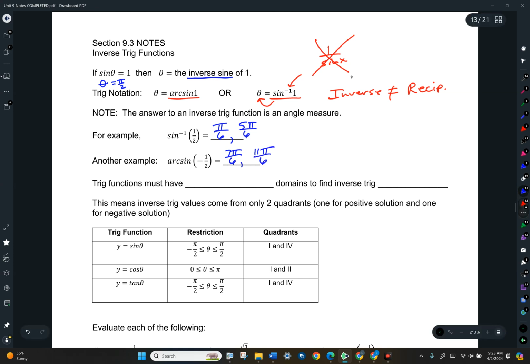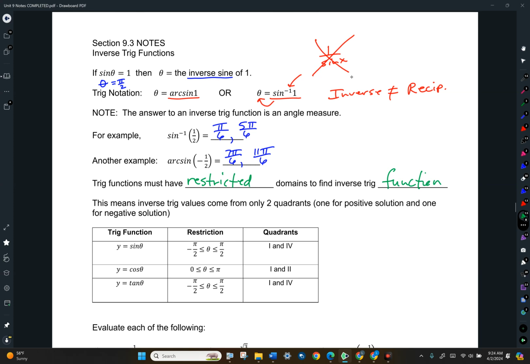However, we're going to make a little change here. The trig function has to have a restricted domain in order to find an inverse trig function, which may or may not make sense. But basically what that means is we're not going to use both answers.